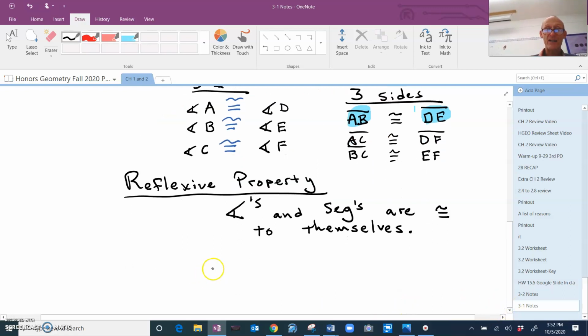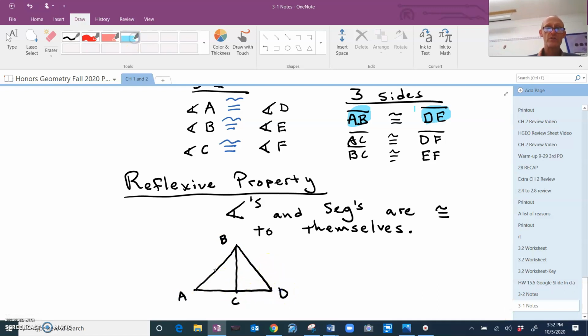Now, a classic diagram, something that you might see all the time, is a diagram that looks like this. Now, there are two triangles in this diagram. There's this one, and then there's this one.